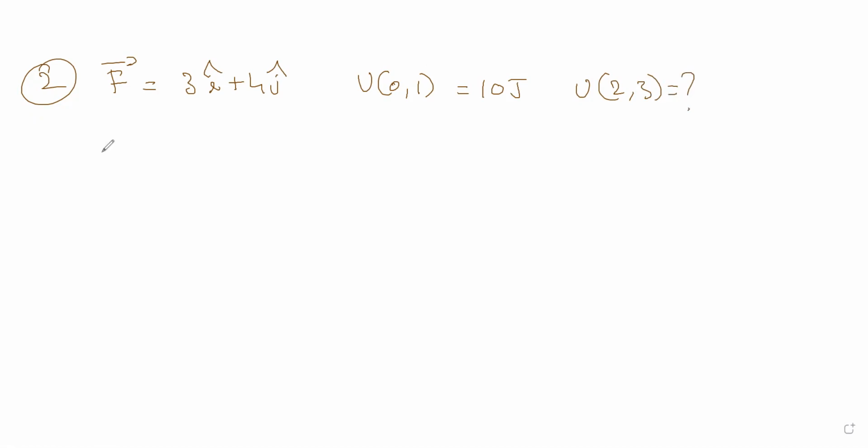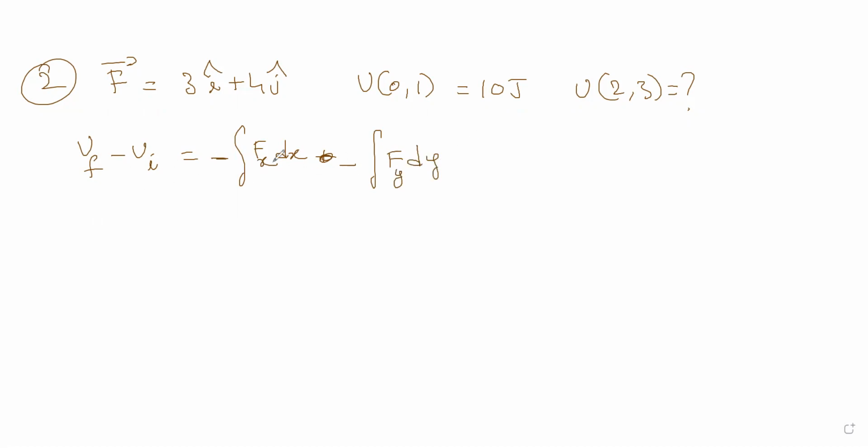How do we do that? Again, the same equation: U final minus U initial is equal to negative of integral Fx dx, and again minus integral Fy dy. This is how we do it.